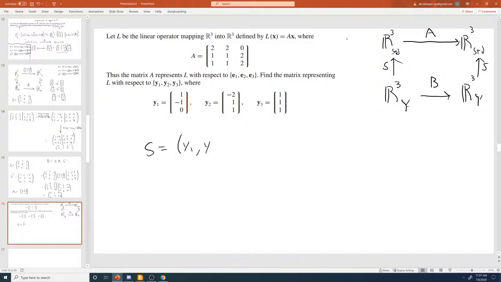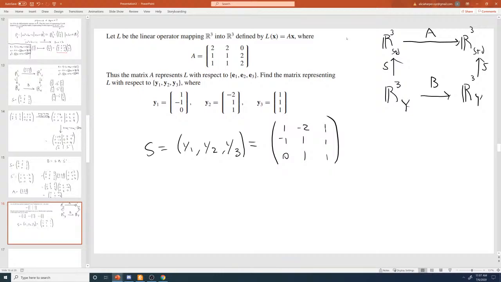So this matrix right here, which is 1, -1, 0, -2, 1, 1, 1, 1, 1. So S is easy, but now I still have to compute S inverse, which is the map going the other direction.